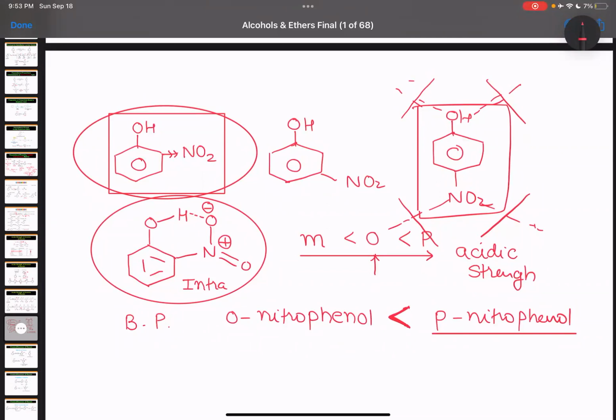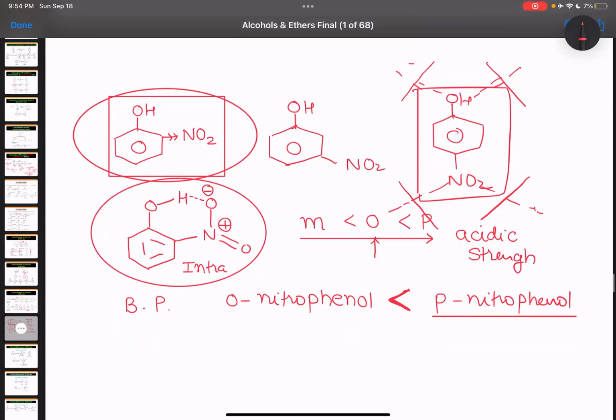Is it the orthonitrophenol or the para-nitrophenol? Which can come out easily with the steam? The orthonitrophenol. Yeah, orthonitrophenol is steam volatile. It is because the molecules are not getting associated to one another, so they come out very easily. Para-nitrophenol requires a higher temperature to break its bonds. Is it clear? Yes, sir.